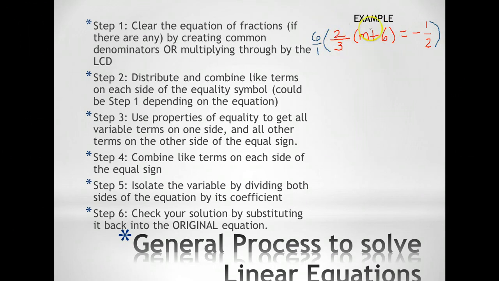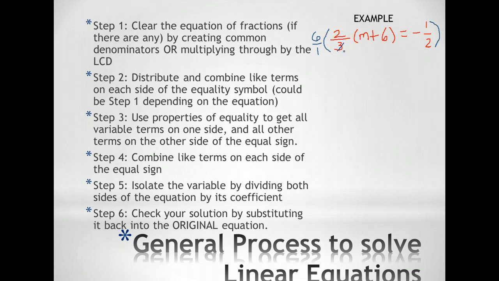Now there's only one term on each side, so I'm going to multiply 6 over 1 times 2 over 3. So when I do that, I actually divide. I say 3 goes into 6 how many times? Twice.